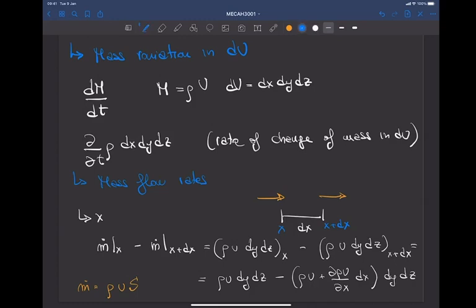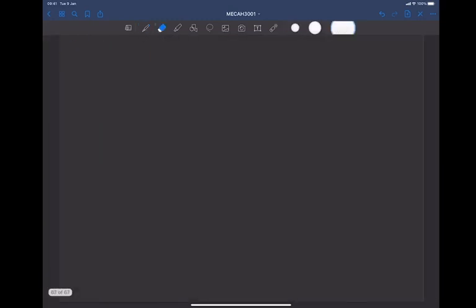Okay, so by inspecting this equation, we see that we have this term that will be possible to cancel out. And so in the end, our difference between the flux entering in x and the flux leaving in x plus dx, so m x minus m x plus dx, will be simply given by minus the derivative of rho u over dx, times dx dy dz.